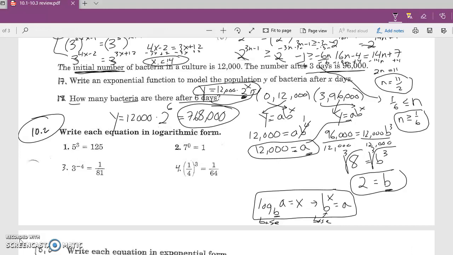So the base stays the base, and the other two guys switch sides. So the a goes over here, and the x goes over there. So every log can be turned into an exponent problem like this, and you can also go backwards.